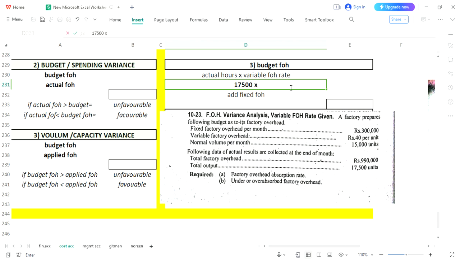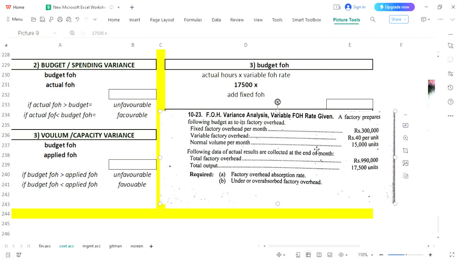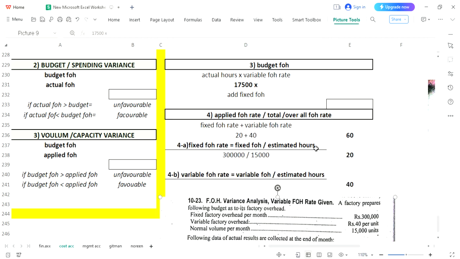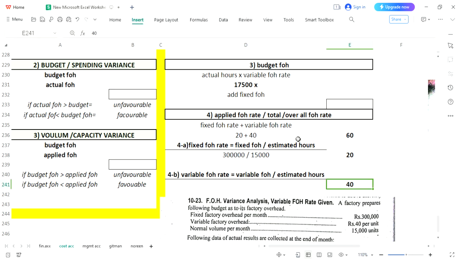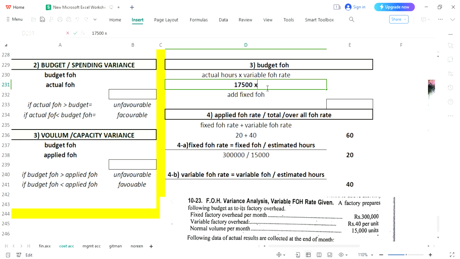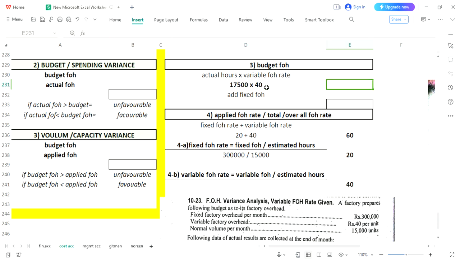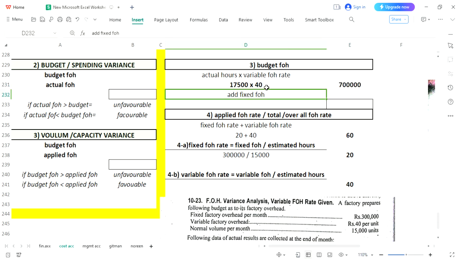Variable FH rate is also calculated over here. You can see this is variable FH rate, and that is 40. We have calculated. Put 40 over here, statement completed. Put it on your calculator, which is 17,500 multiplied by 40. First element has been sorted out.